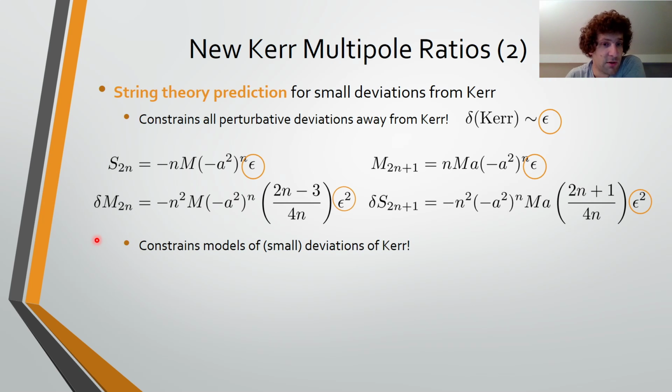So this is a very strong constraint on models for deviations of Kerr, at least if you want them to mesh with string theory. Then the multipoles that they predict have to fit within this one parameter family of multipoles.